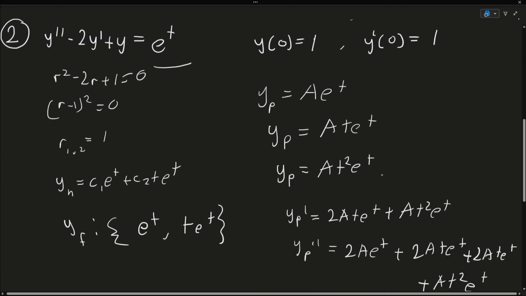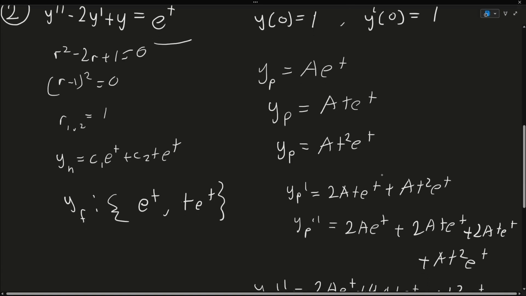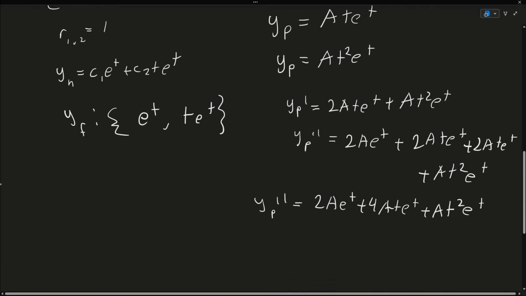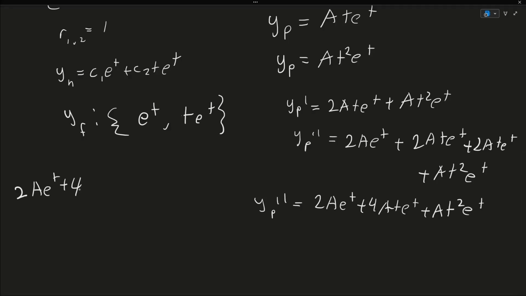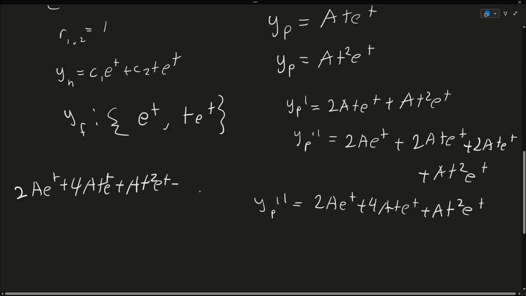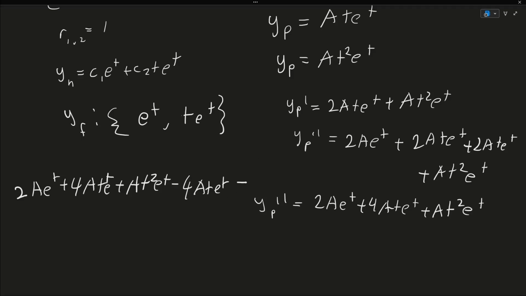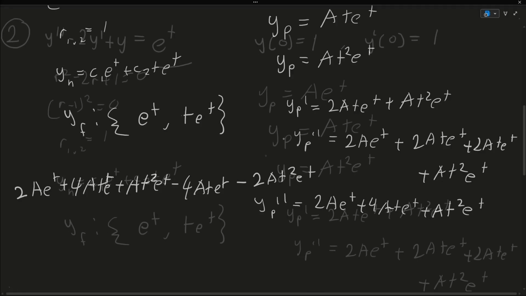Our differential equation was y double prime minus 2y prime plus y, so if we go ahead and write that, 2a e to the t plus 4at e to the t plus at squared e to the t, minus 2y prime, so we will be subtracting 2y prime, so this will be 4at e to the t minus 2at squared e to the t.